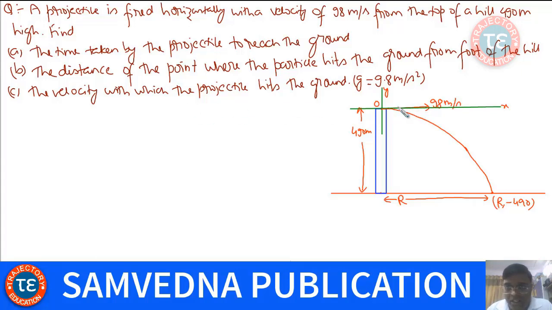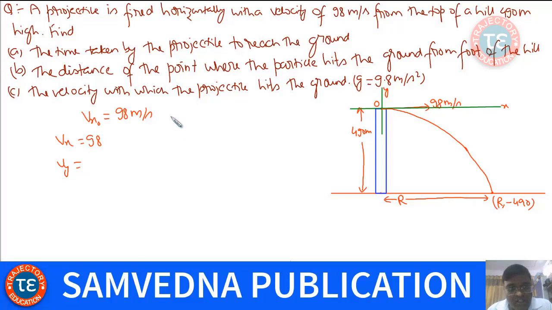So see, initially you have only Vx, the initial velocity lies in the x direction, which is 98 meter per second, and there is no force acting in the x direction, so this velocity will remain constant. So Vx will always be 98 meter per second. There won't be any change because there is no acceleration in the x direction.